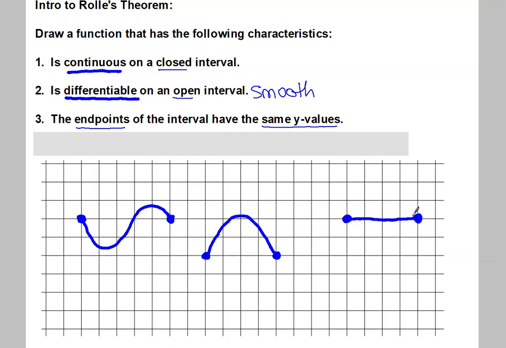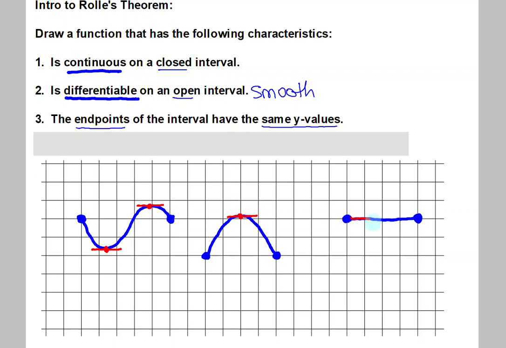Rolle's theorem tells us there has to be at least one location on any of these functions where the tangent line is horizontal. Notice on this one, this spot right here has a horizontal tangent. This spot right here has a horizontal tangent. There are two places. This spot right here has a horizontal tangent.